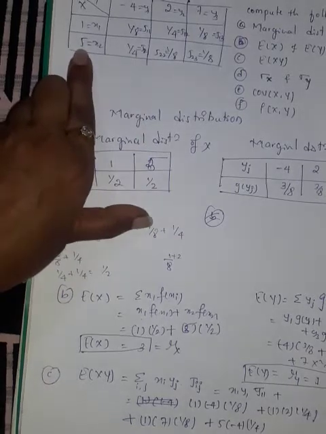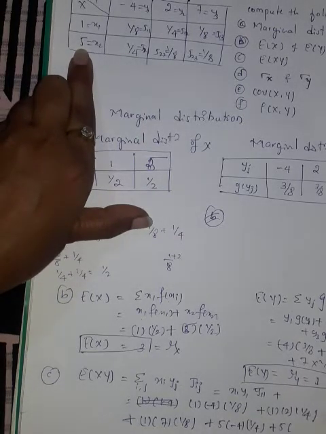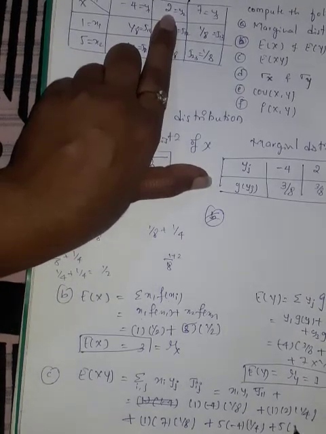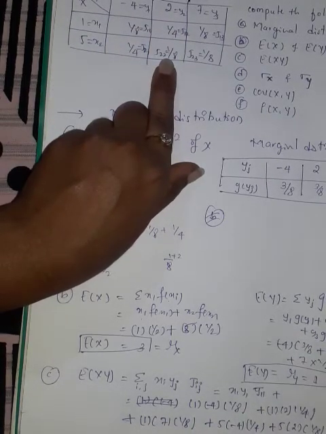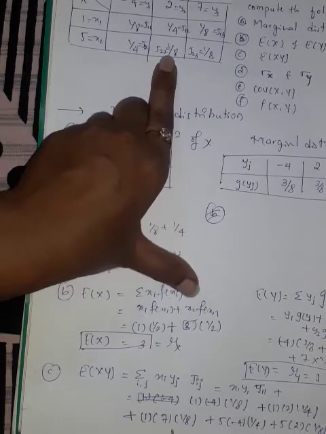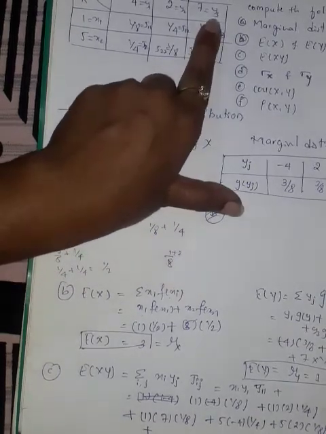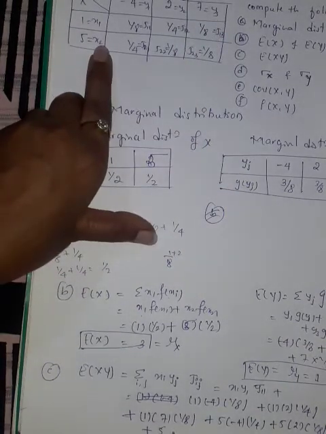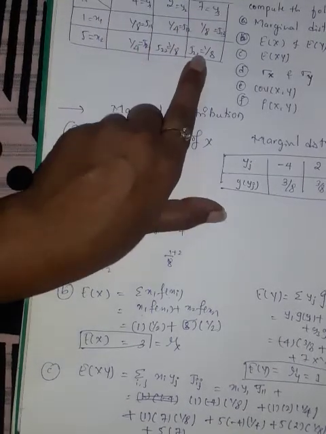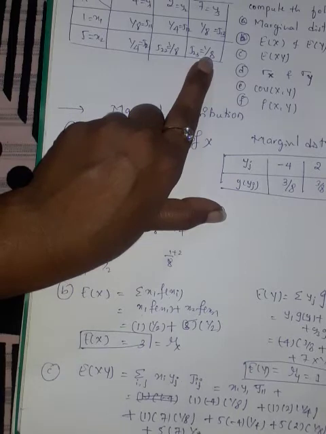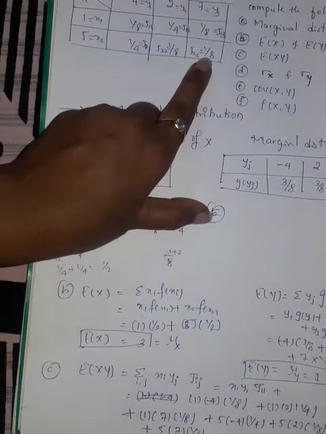Next, when x2 is 5 into y2 is 2, then j22 is 1 by 8. Next, plus when x2 is 5, y3 is 7, then j23 is 1 by 8. Like this you have to put all the values.